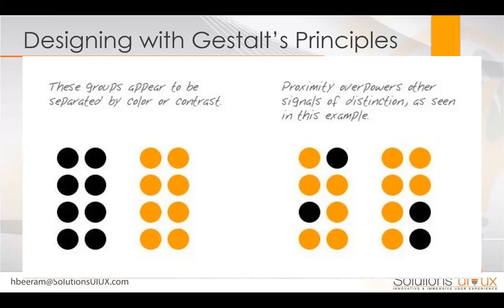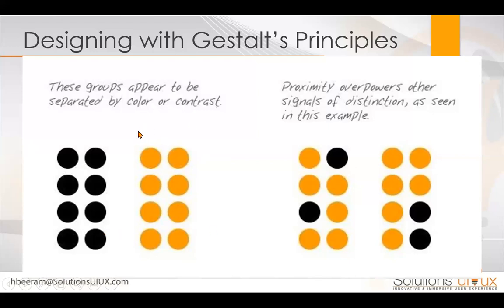Our eyes group things that are of similar color, similar shape, similar texture, similar flow, right? So right now our eyes are grouping, let's say all dots, because these dots are black and yellow, and also they are separated by a distance. So now we can see two groups, right?